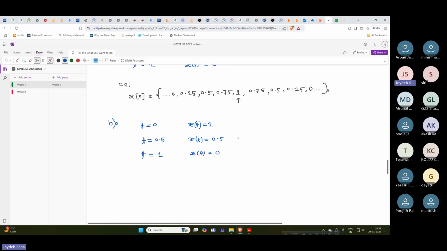And this we will get at t is equal to minus 0.5 also. This we will get at t is equal to minus 1 also, right? Let us write t is equal to 0 again.